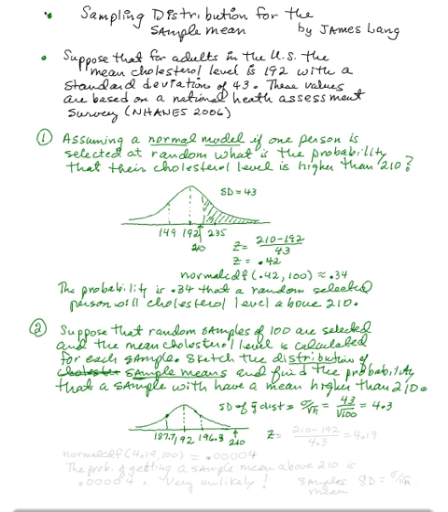Find the z-score, which is 210 minus 192, which is 18. But here's the key, it's divided by the standard deviation for the Y bar distribution, which is 4.3. And this gives us a z-score of 4.19.